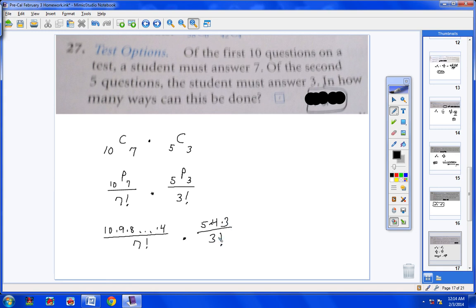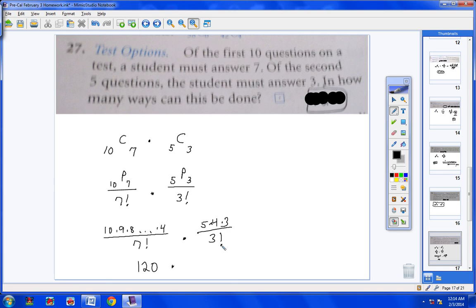Alright, so I'm going to grab my calculator real quick and work on this first fraction. 10 times 9 times 8 times 7 times 6 times 5 times 4 divided by 7 factorial, and I'm getting 120.